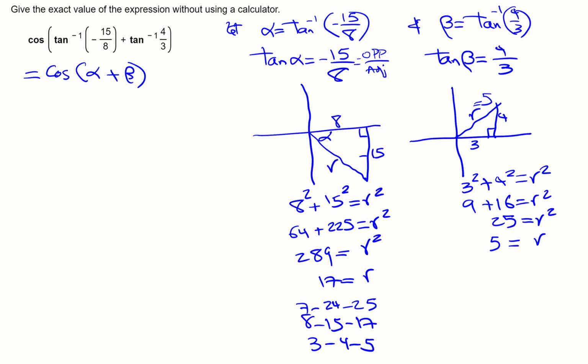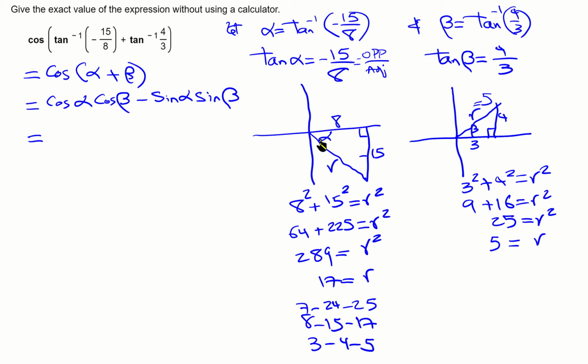So now we're going to have to apply the sum identity for cosine, which as we know is cosine alpha cosine beta minus sine alpha sine beta. Remember, beta is right there and alpha is right here.